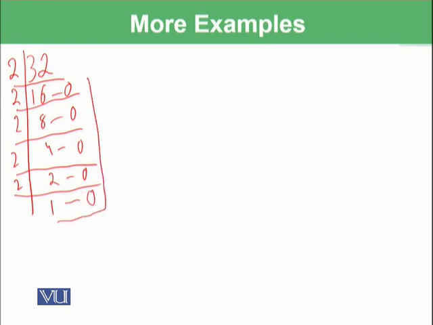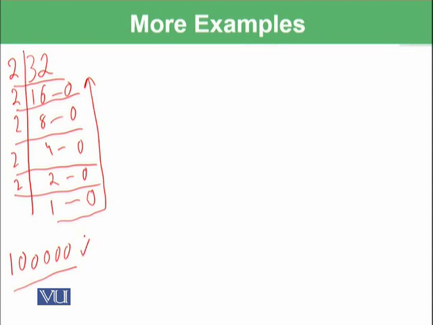And we write it in this way. So this will become 1 0 0 0 0 0. So there are 5 zeros with a 1 to the leftmost portion, and this will be represented as 32.